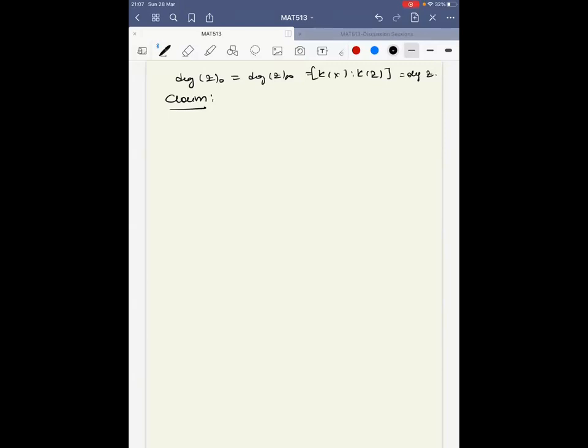And to see that degree of the pole divisor of z is equal to degree of z, we distinguish two cases. First, we suppose that the degree of f(x) is strictly less than the degree of g(x).